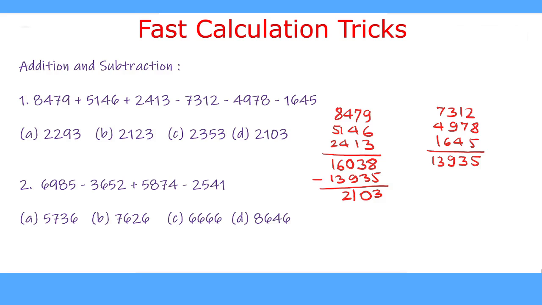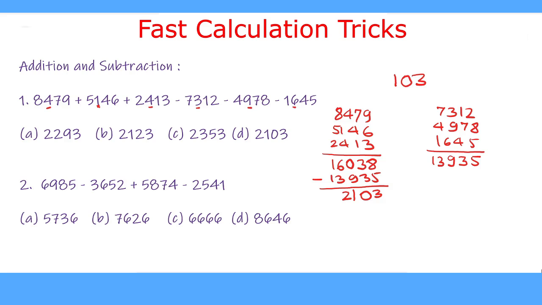So we write 3. 7 plus 4 is 11, plus 1 is 12, minus 1 is 11, minus 7 is 4, minus 4 is 0. 4 plus 1 is 5, 5 plus 4 is 9, 9 minus 3 is 6. Now 6 minus 9, so we carry 1. 16 minus 9 is 7. 7 minus 6 is 1.